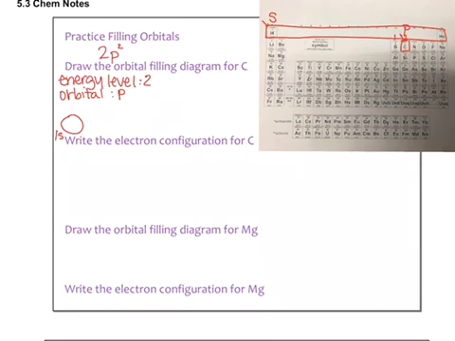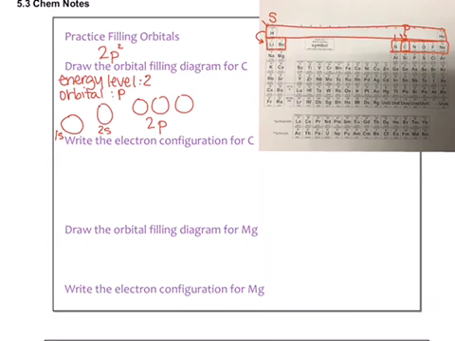And then we move down to the second row, and our next block that we come across is our 2s. And then next we enter into this P block, and we call it 2p. Remember, P has 3 orbitals. We call it 2p because it's in the second energy level.